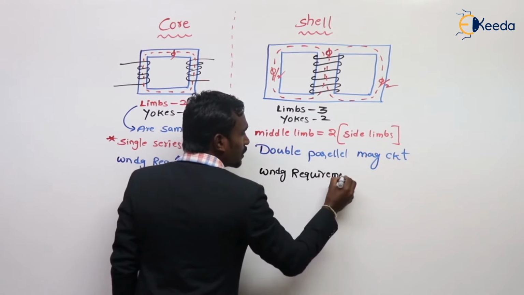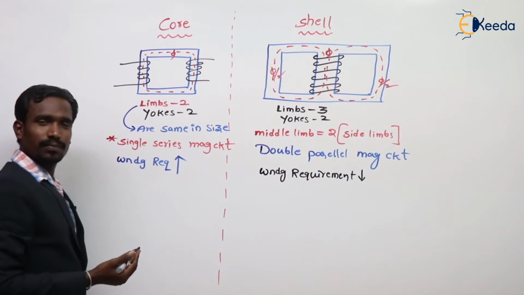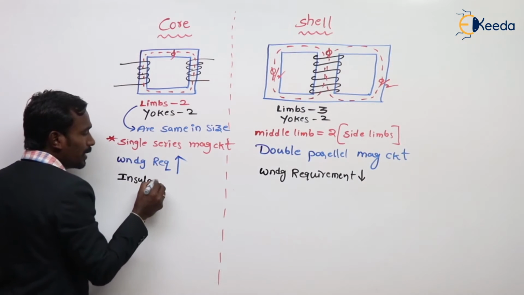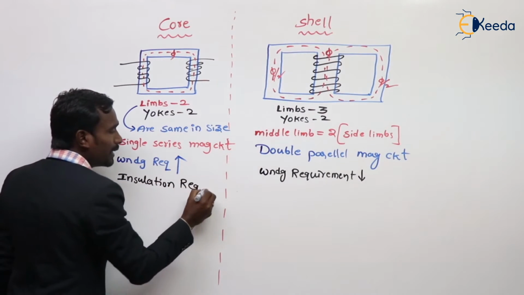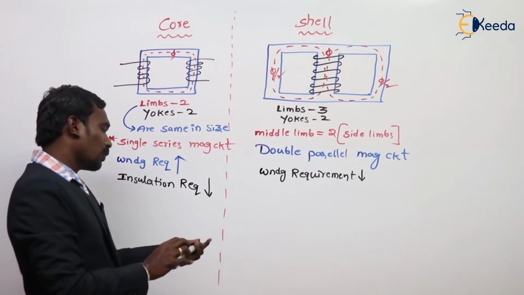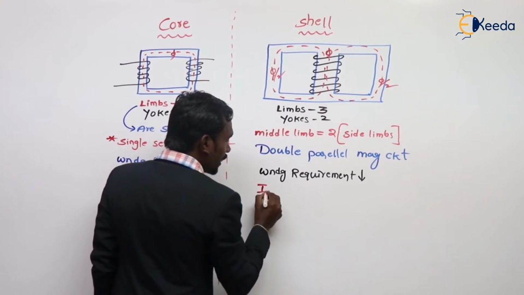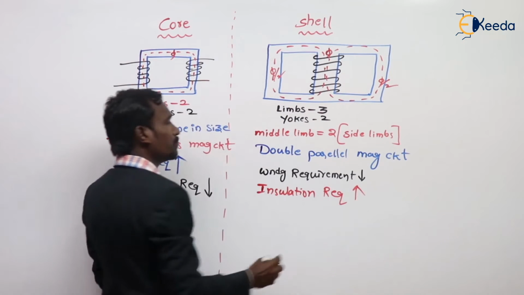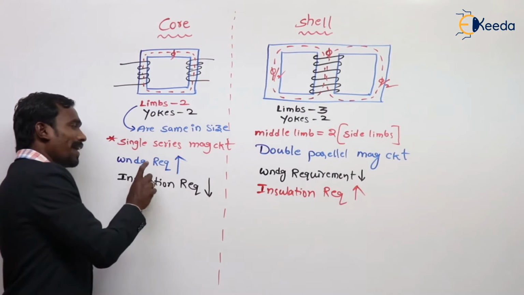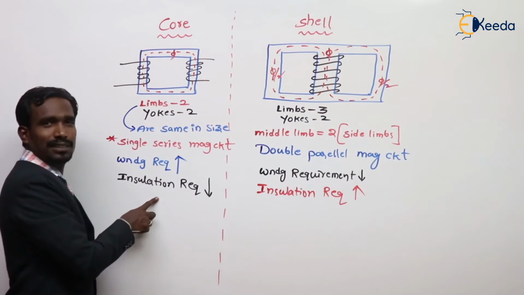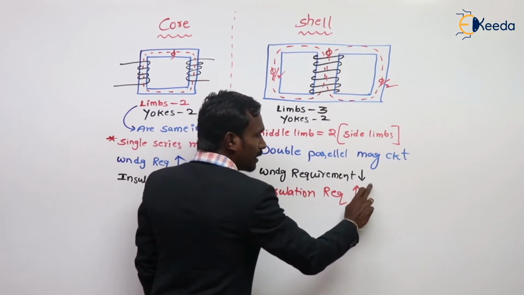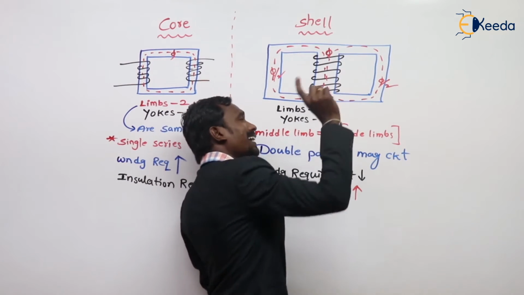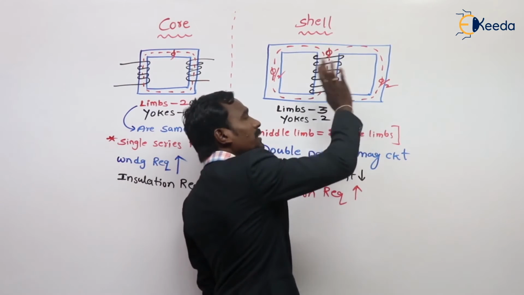But the insulation requirement is less in core type, while in shell type insulation requirement is more, because both the windings are placed on the same limb. That's why more insulation is required.